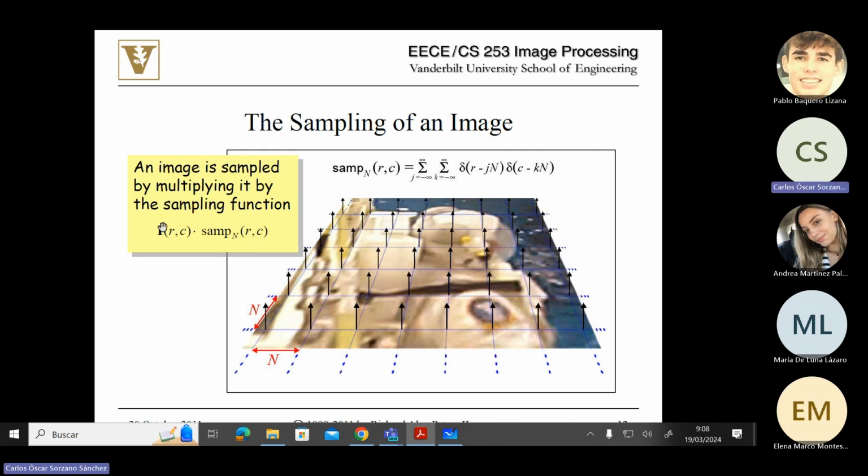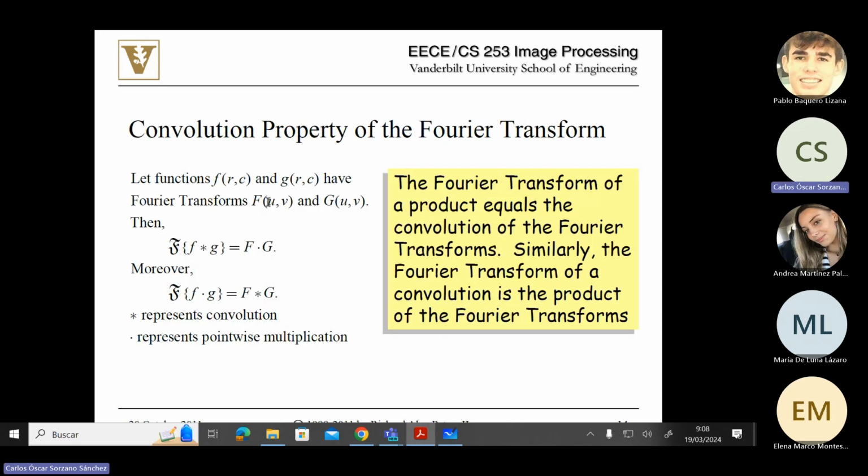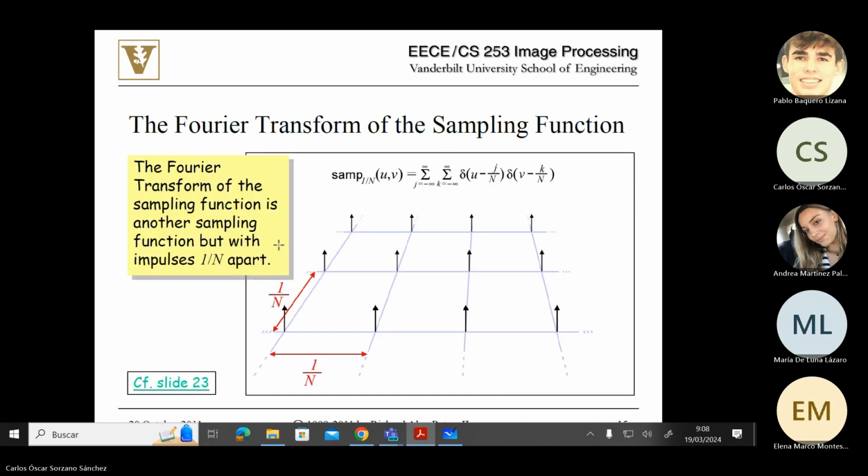It's the original signal times the comb. And this is a reminder that if we are multiplying in real space, then we are convolving in Fourier space, and the opposite. If we are convolving in real space, we are multiplying in Fourier space. And then this is the Fourier transform of the comb. Now you see the argument is frequency.